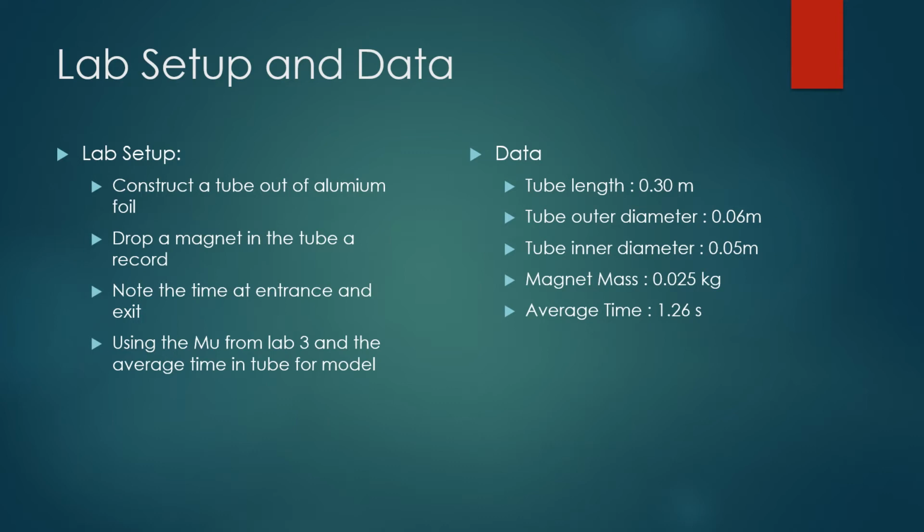Due to this, it is going to affect the magnetic flux as it interacts with those rings, and typically the magnetic force is going to be pointing upward as it goes down the tube, and this is going to affect the magnet's velocity slightly.